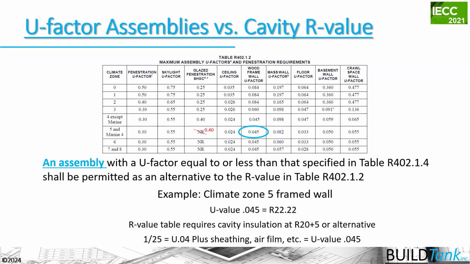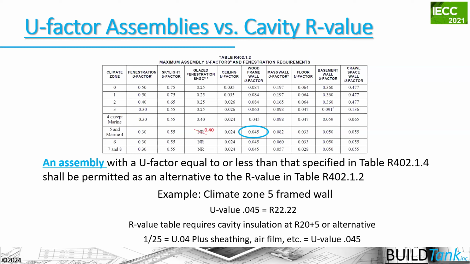And what we know is that the difference of 5/1000ths of a U factor is those assembly details. The components that the R value table is looking at are the cavity insulation and the continuous insulation, but the U factor table is looking at the air film on the inside, the drywall, the studs, the exterior sheathing, the exterior weather resistant barrier, the siding on that house, and any air film that's trapped in there as well.